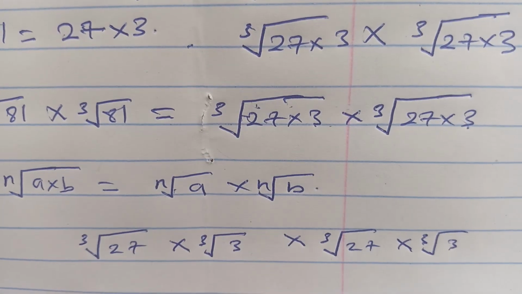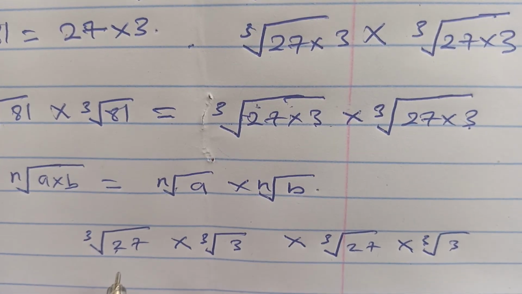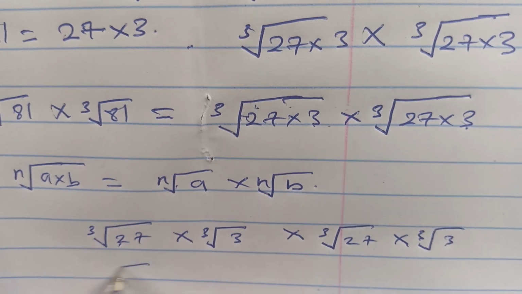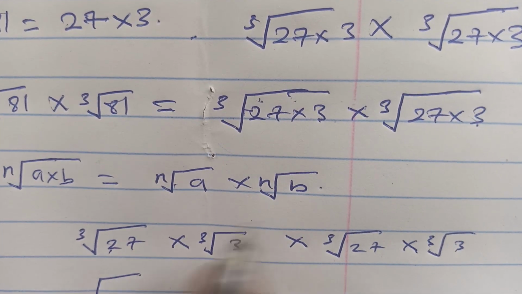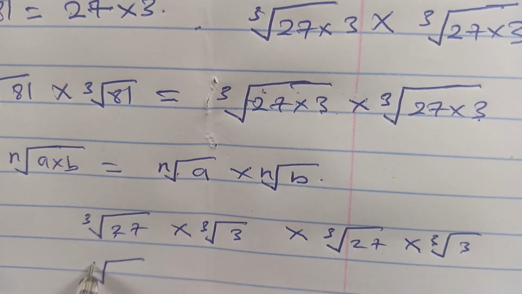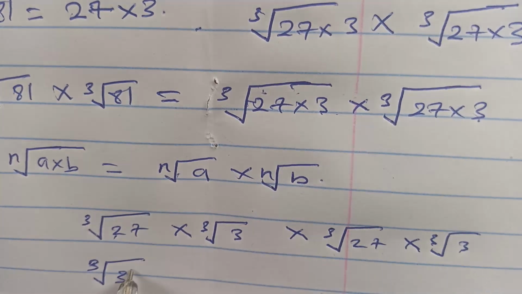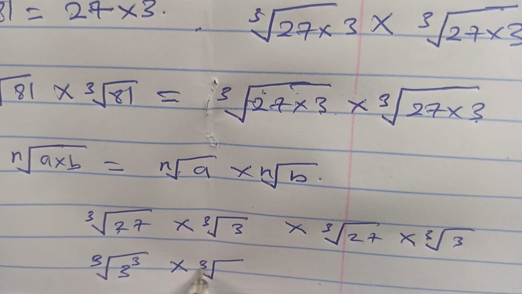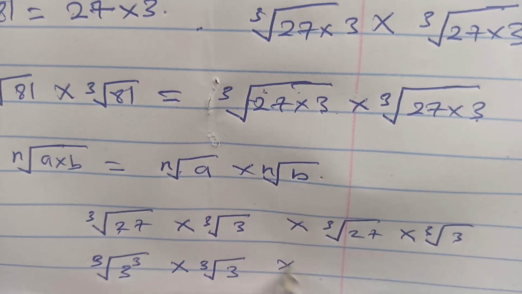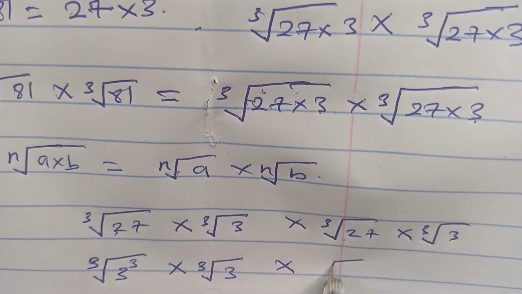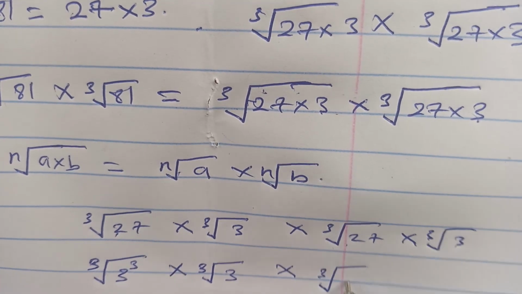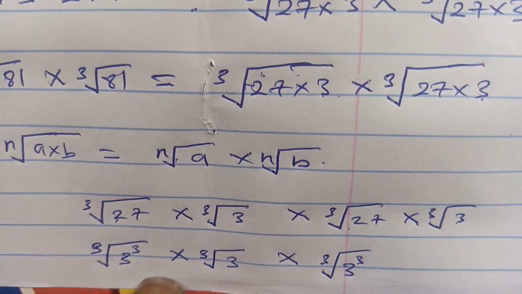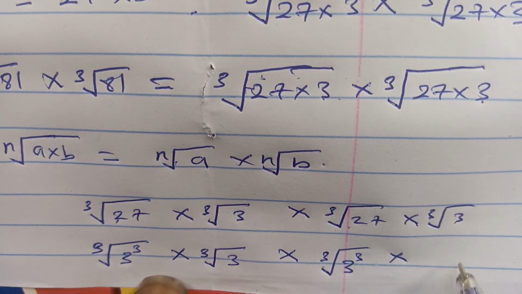The cube root of 27 is the same as, recall, we can raise 27 to the power of 3, so we have the cube root of 3 to the power of 3 times the cube root of 3, and do the same thing here, the cube root of 3 to the power of 3 times the cube root of 3.